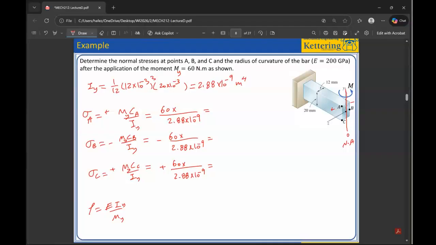CA, what would be the value for CA? Is it 6 Braden? Or 6 millimeters?